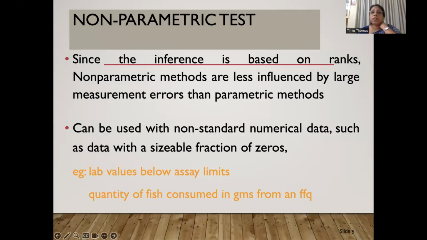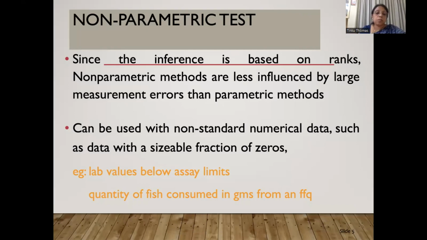So if you have worked with lab-based data, sometimes labs cannot detect some values which are very, very low. So if the lab limit of detection is say 2, the lab data will just say that this particular subject has a value less than 2, and you don't know the exact value. In such cases also we can use non-parametric tests because we don't know the exact value.